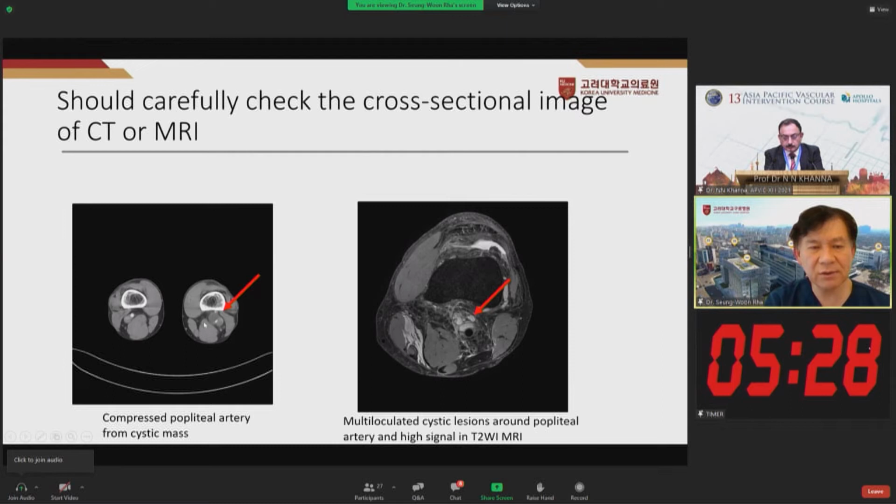In this particular case, the patient had a cystic component. This cystic mass was compressing the popliteal artery. Multiloculated cyst lesions were found in the knee joint MRI.